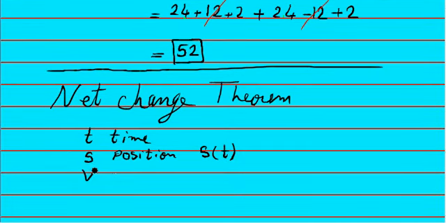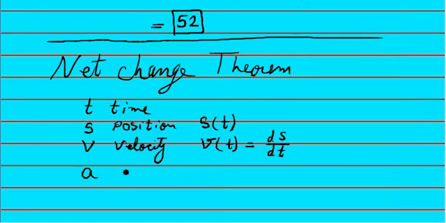You have the concept of velocity, which we show as v of t. Velocity had a relationship to position. What was it? It was the derivative of position with respect to time, or s prime. We have acceleration.